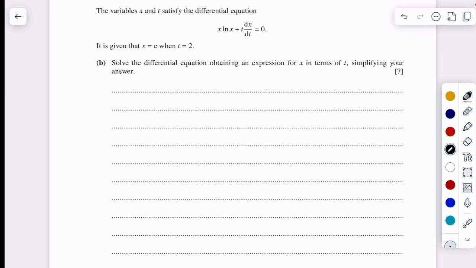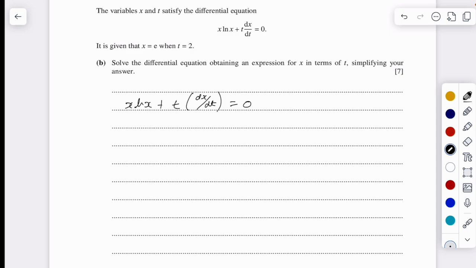Well, what we're going to say is x ln x plus t dx/dt equals 0. Just starting off with that.